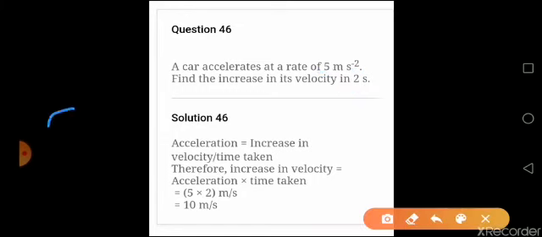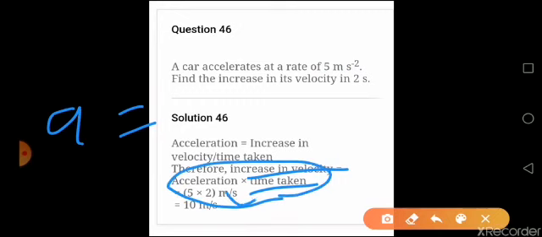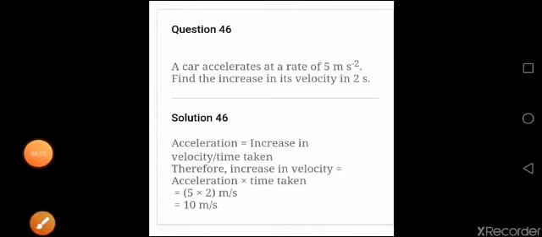So we already know the equation: acceleration is equal to v minus u, that is change in velocity or increase in velocity, by time taken, right? So from that equation you will get increase in velocity, or v minus u, will be equal to acceleration into time taken. So this is a direct question, you can do it. You can substitute the values and find out the answer for your increase in velocity.